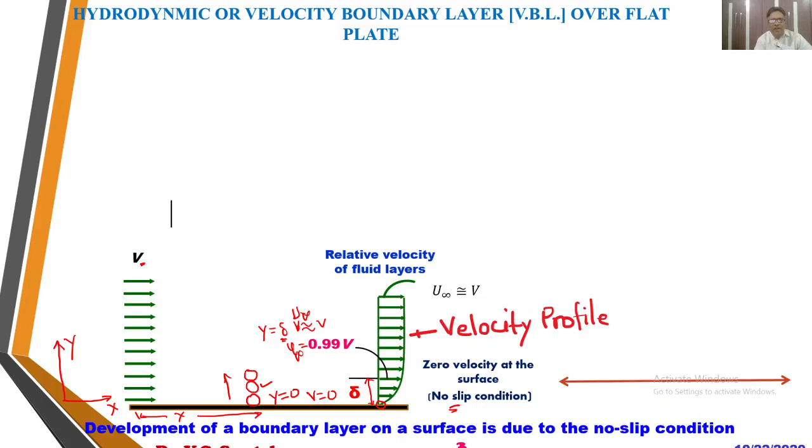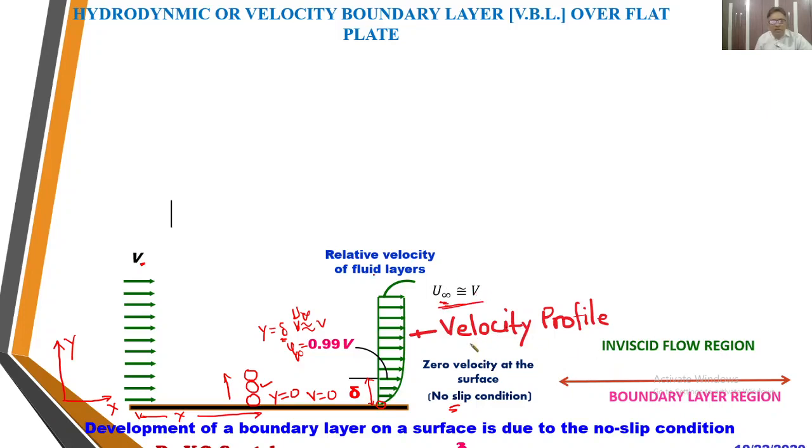over the flat plate essentially into two regions. One is the boundary layer region up to the distance delta, and in this distance the effects of viscous forces are very high and velocity gradients will exist. Above this boundary layer thickness delta, an inviscid flow region will be there, where the effect of viscous forces is negligible and the free stream velocity will be almost equal to the approach velocity.